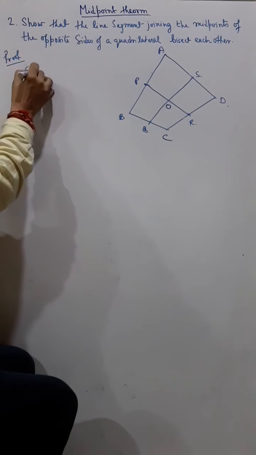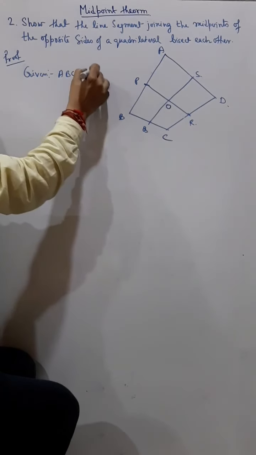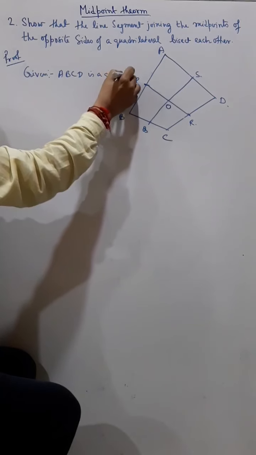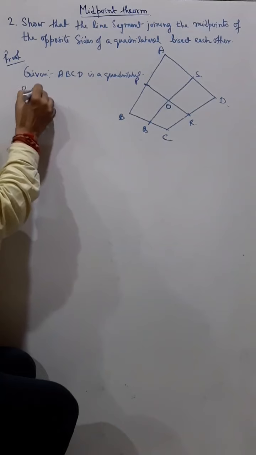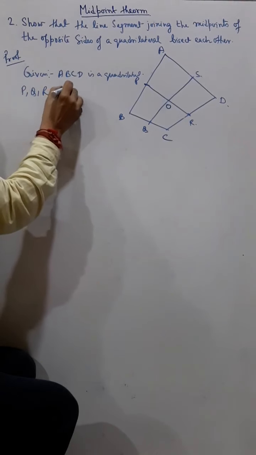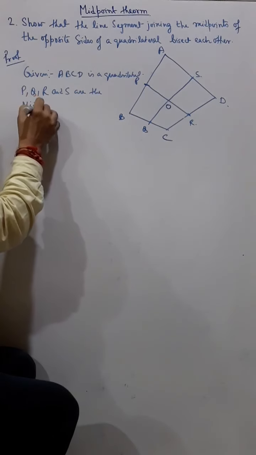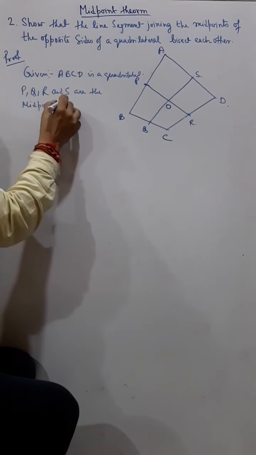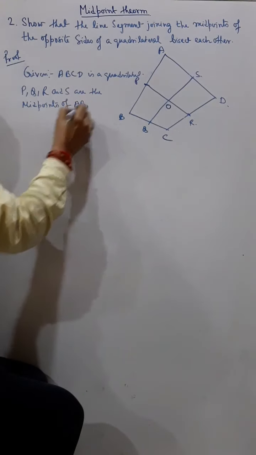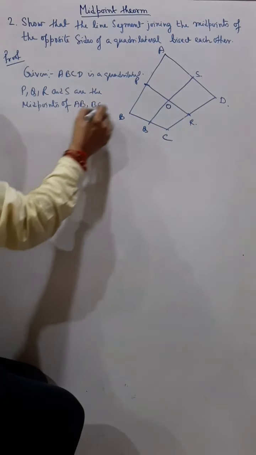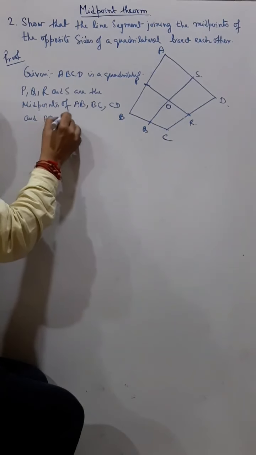Now first what we should write, what is given. Given ABCD is a quadrilateral, and P, Q, R and S are the midpoints of AB, BC, CD and AD respectively.